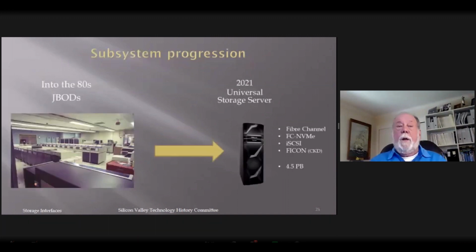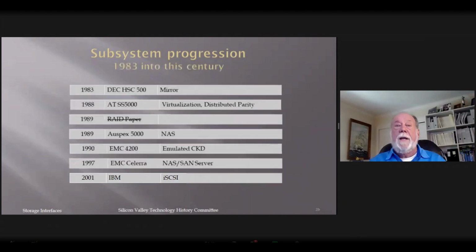Finally, a quick view of system progression over this time period. Well into the 80s, it was JBODs. But by now, we have a universal server, almost any protocol over almost any fabric. That's an EMC Dell PowerMax 8000 on the right. In my opinion, there were 6 technologies that happened along the way, and, in my opinion, one not so important paper.